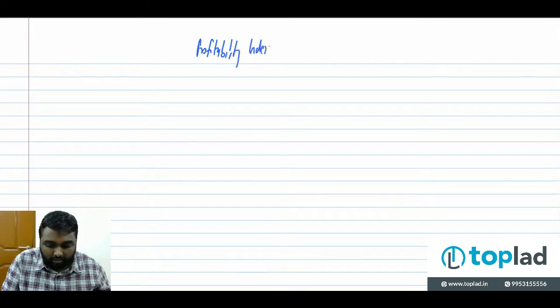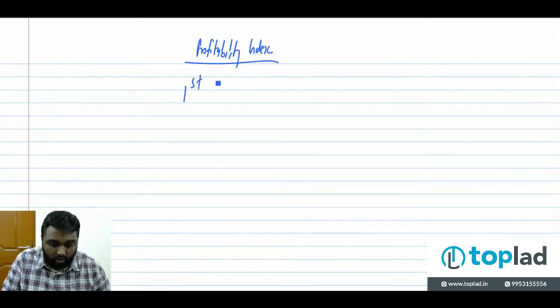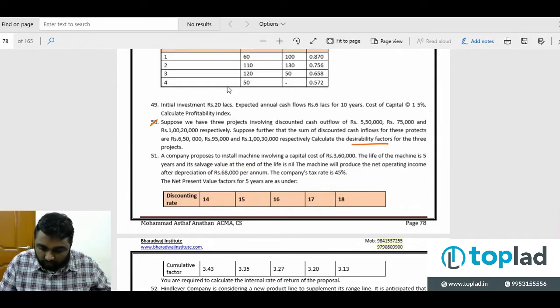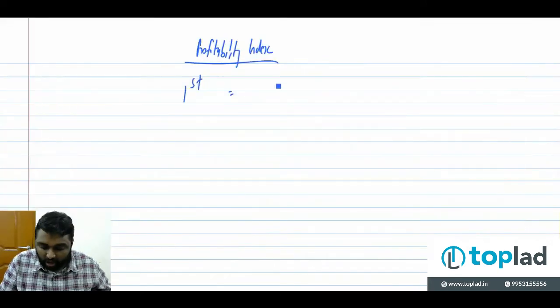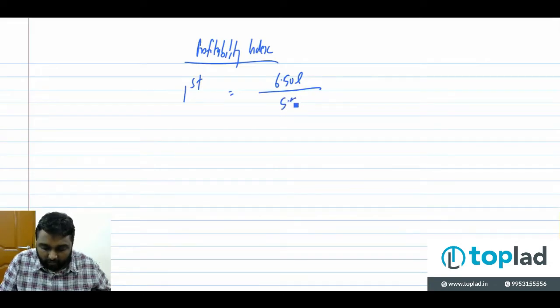So how to find out the profitability index? Profitability index equals present value of cash inflow divided by present value of cash outflow. The inflow for the first one is 6 lakh 50,000 divided by 5 lakh 50,000.